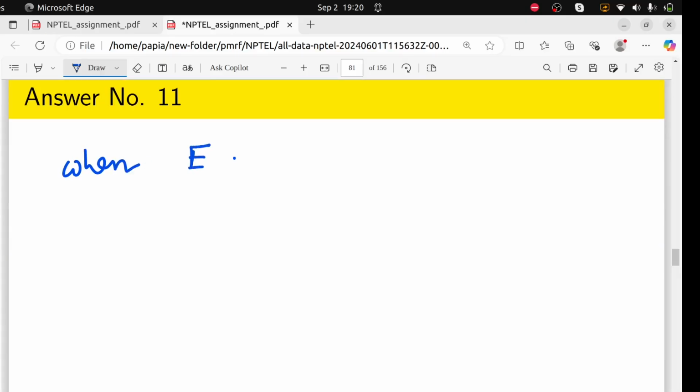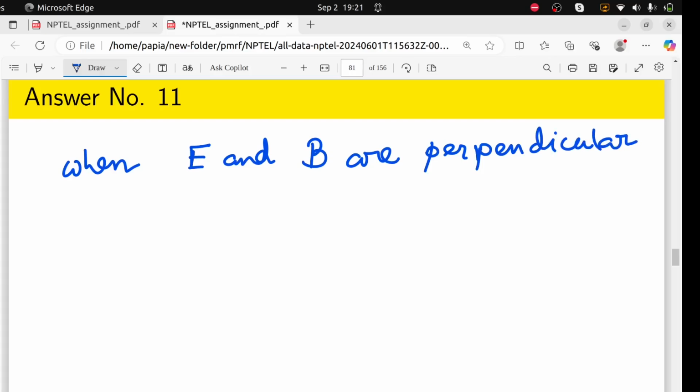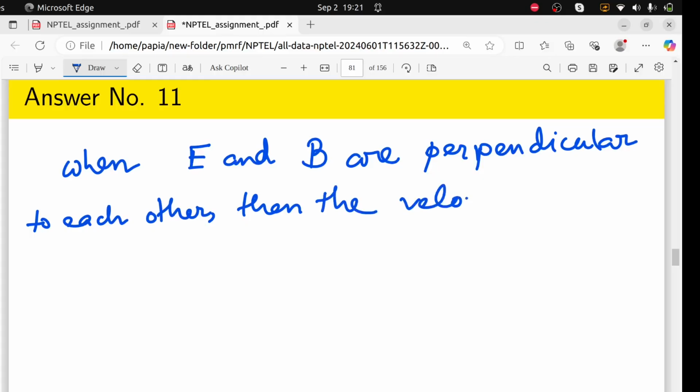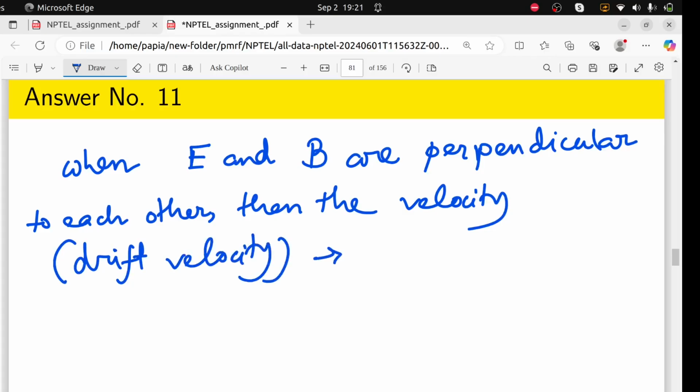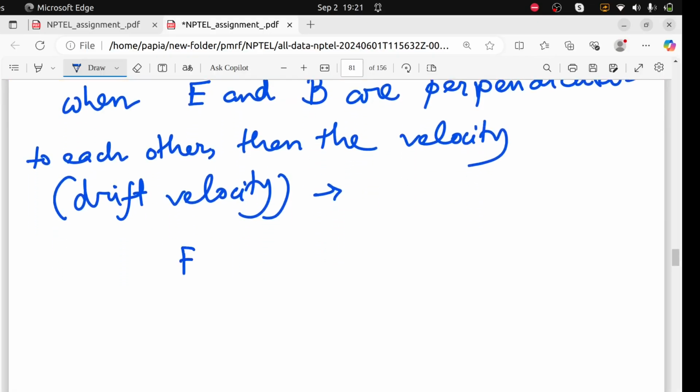When E and B are perpendicular to each other, then the velocity, specifically drift velocity, is E by B, which is E cross B by B square.